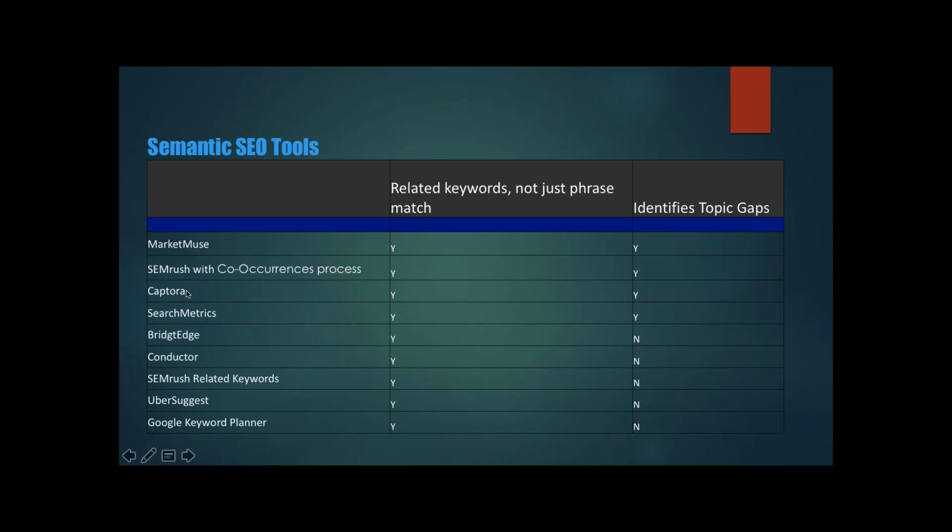Captora, like these others, it's actually really hard to even get a demo because salespeople have to qualify you as working for an enterprise company. I tried to understand this better, but I just wasn't willing to lie and say I'm working for a Fortune 500. So I wasn't able to see a demo or test them out.